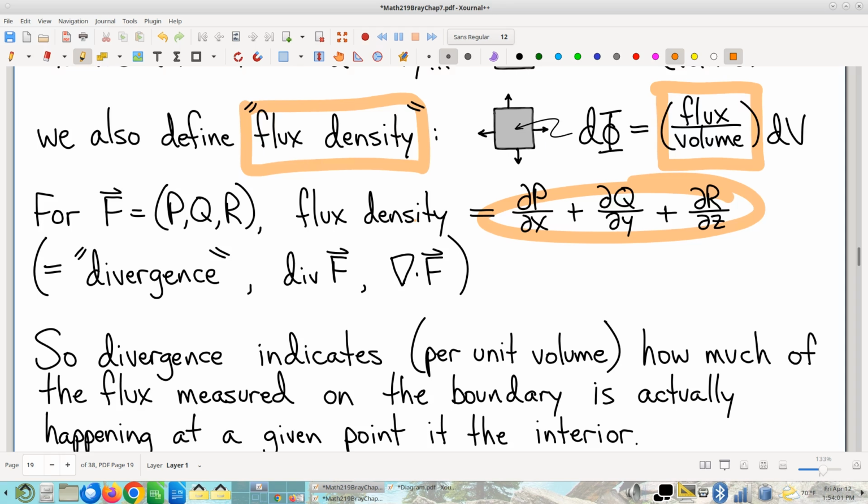Most important thing to me, my take on this, most important thing to understand about this formula is not the calculation of it, but the interpretation of it. So please make sure to understand this is just a formula that allows you to compute flux per unit volume, aka flux density, stuff per unit size, where the stuff is boundary flux.